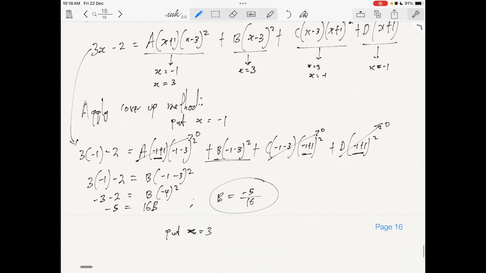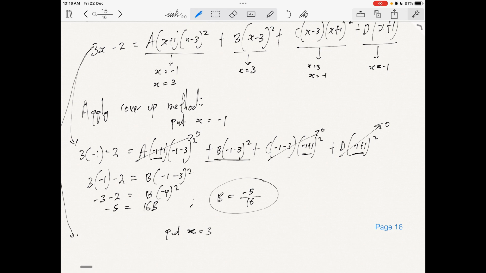Now let's apply cover-up method again, so we can put x to be equal to 3. Since the only two common factors between all things that we have here is x equal to -1 and x equal to 3, let's put x equal to 3 in this equation.